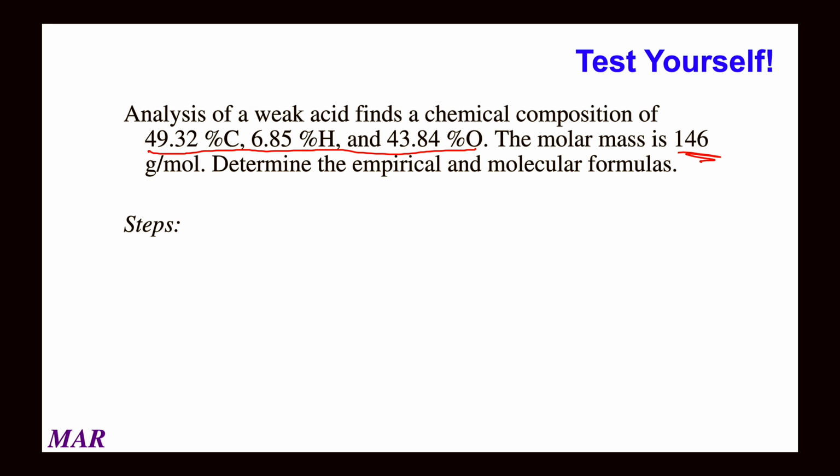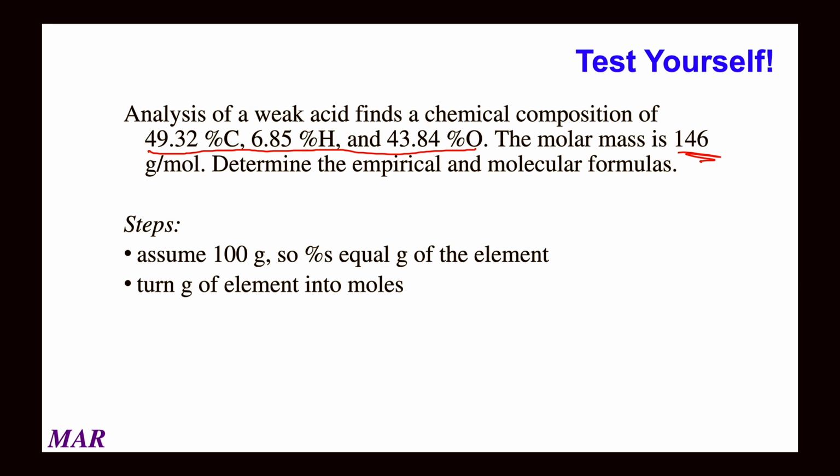No problem. We're going to combine the steps we just did and figure this out. So the first step will be to find empirical. We'll take the percentages, turn them into grams if we have 100 grams, and then find moles, compare them to find the empirical formula. Then we'll take the empirical formula's molar mass, compare it to the 146, and we'll be able to find the molecular formula that way.